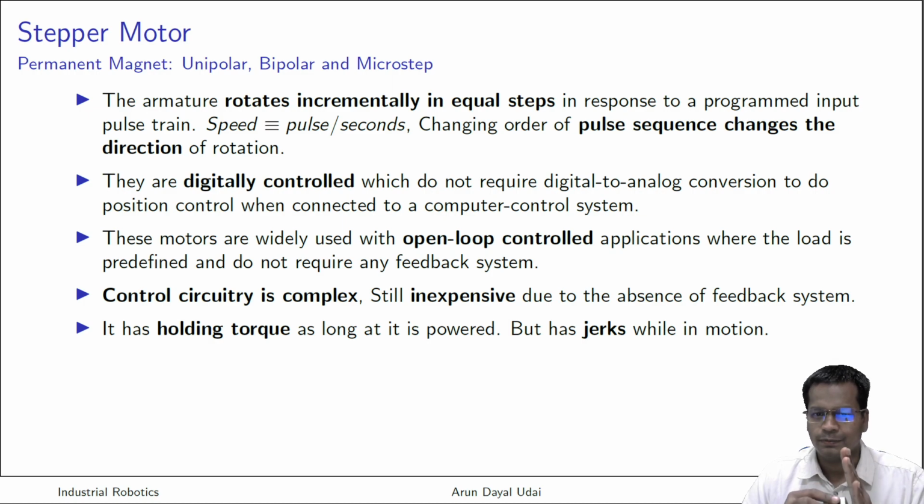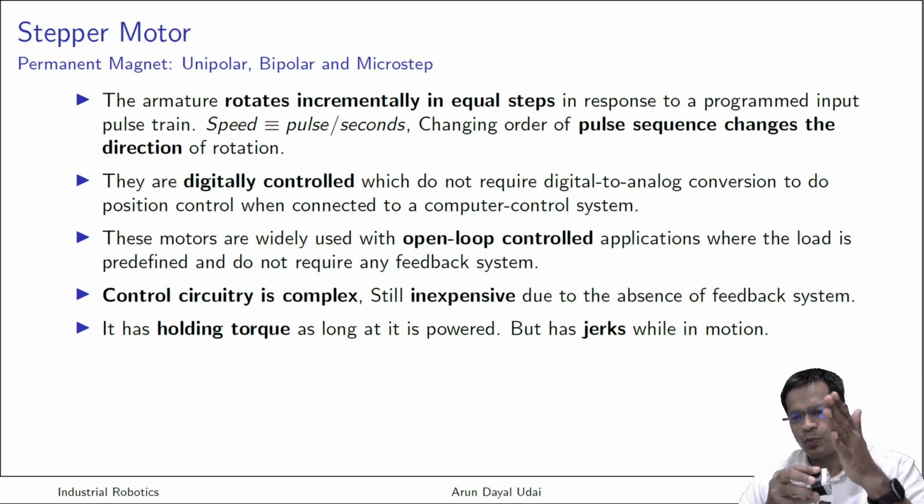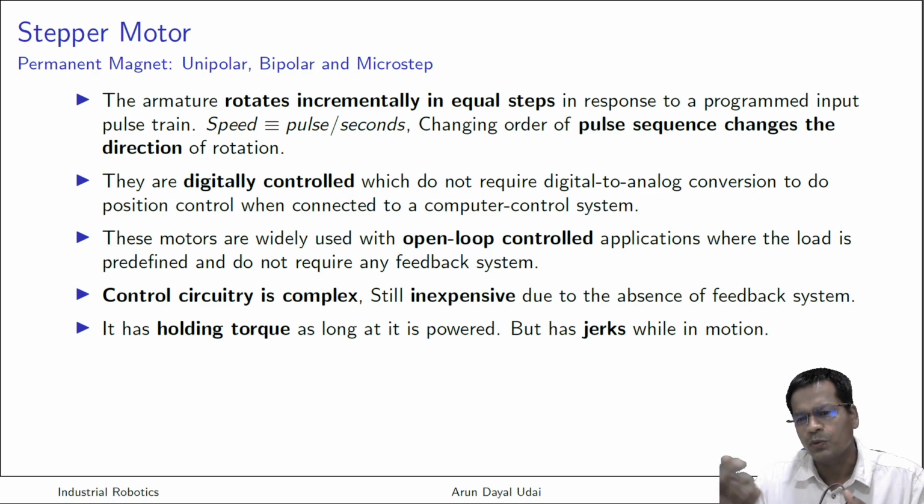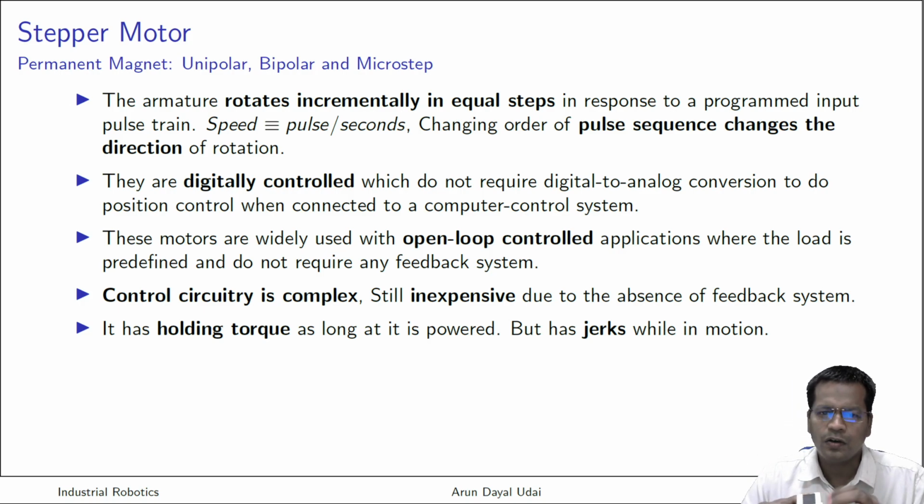But yes, because it moves stepwise, tuck tuck tuck tuck and so on, it goes one by one, so you feel the jerk while it is in motion. However small it is, there are motors with very small step size, 1.2 degrees or even less nowadays.